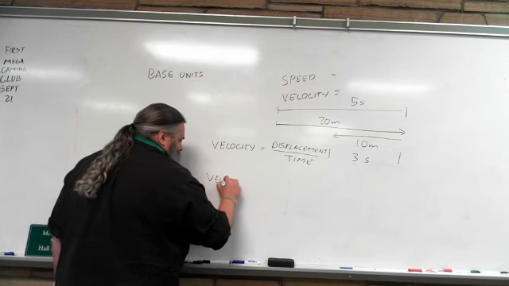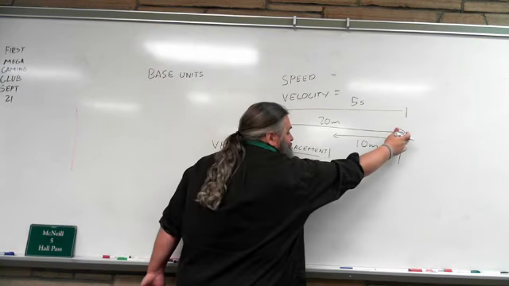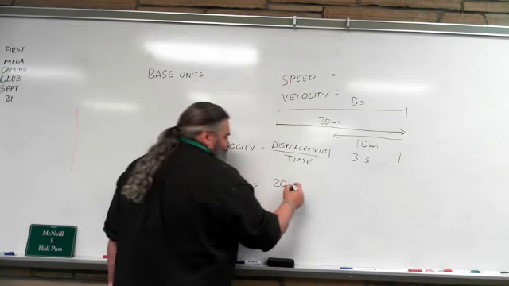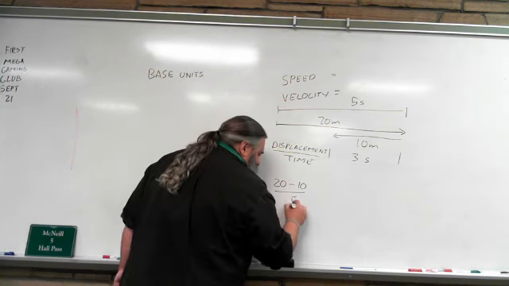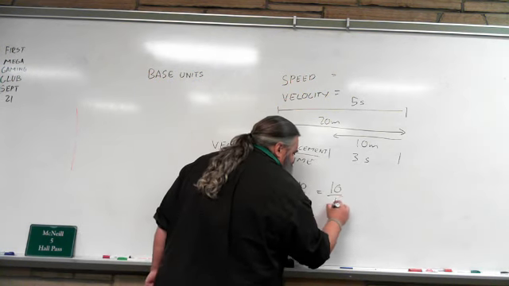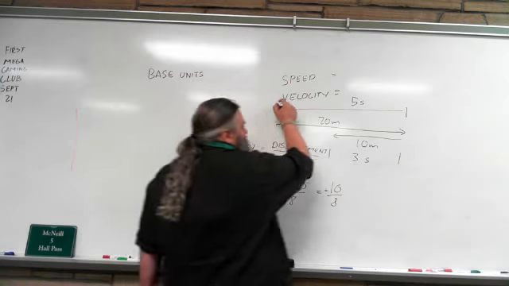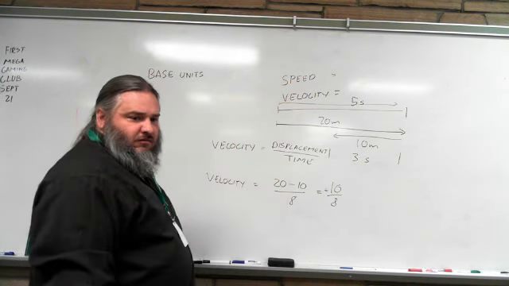So it goes 20 this way and then 10 that way. That's 20 this way and then 10 backwards in 8 seconds. So its velocity is 10 over 8, and it's positive, which means that it is moving in a net direction that way.